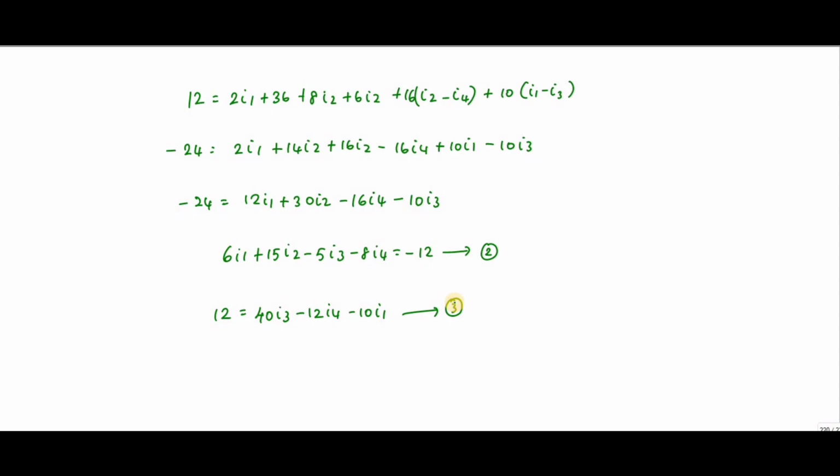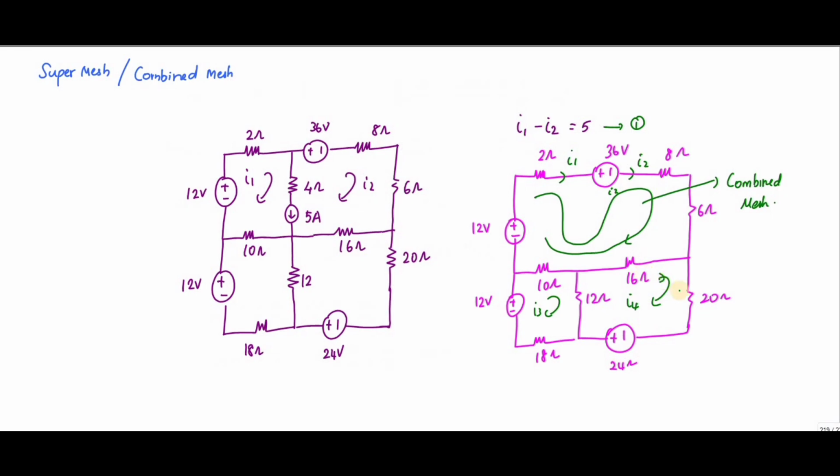So this is your third equation. Here also I can divide the whole term by 2, so minus I1 plus 20I3 minus 6I4 is equal to 6. So this is your third one.